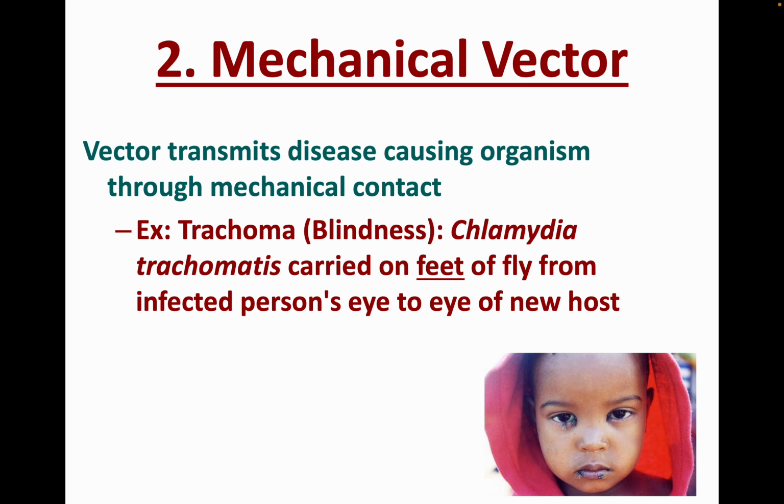A mechanical vector transmits a disease-causing organism through mechanical contact. An example for this is trachoma or blindness, and it's when Chlamydia trachomatis is carried on the feet of a fly from an infected person's eye to a new host.